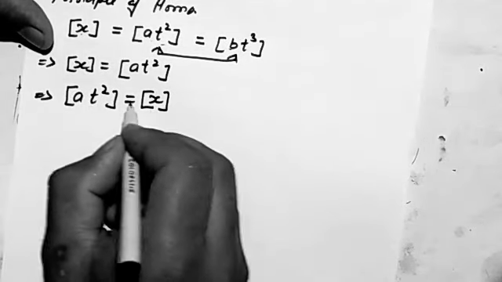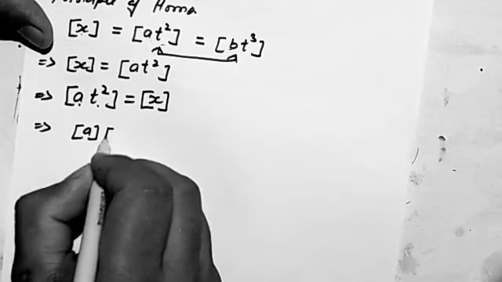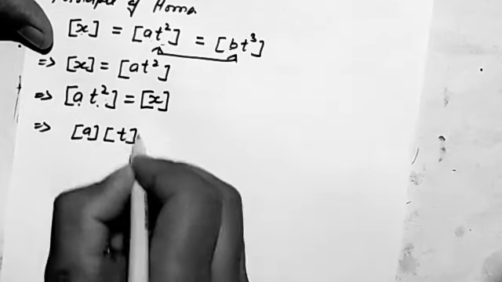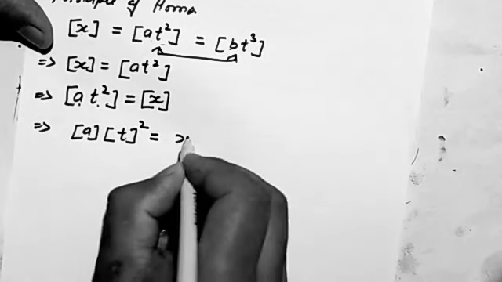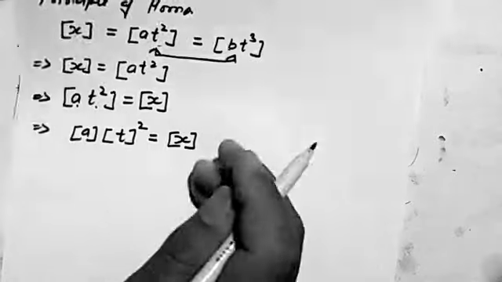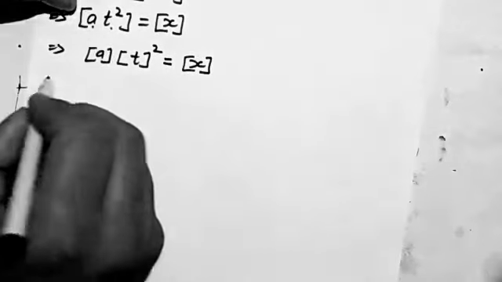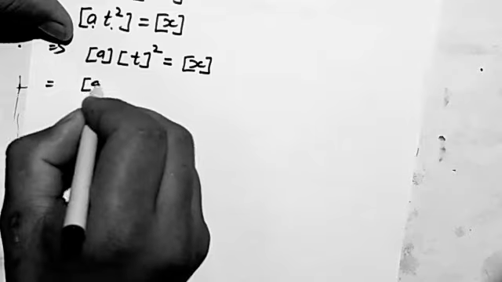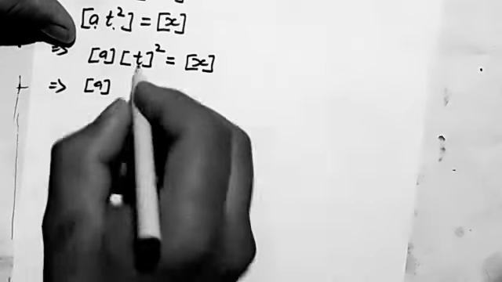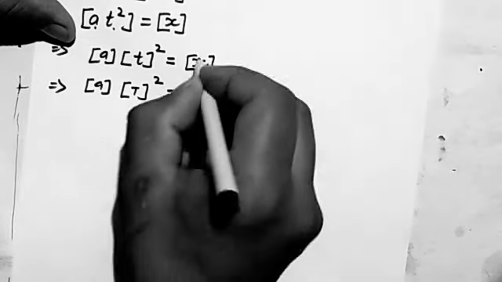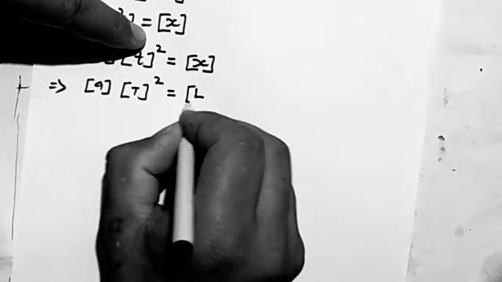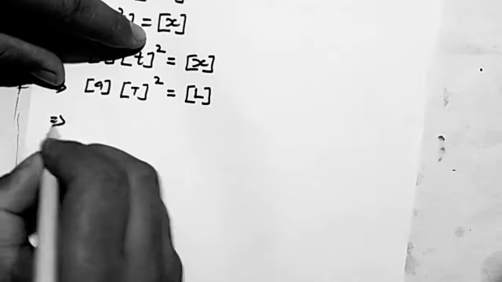So At square is equal to x. This implies, separate these two terms now, as you can separate dimensions of A into dimensions of t square, equal to dimensions of x. Very simple. Now write the dimensions of all these quantities. A is unknown, so you will keep it as it is. t is the time, so this becomes t square. x is the distance, so this becomes L. So this is in product.